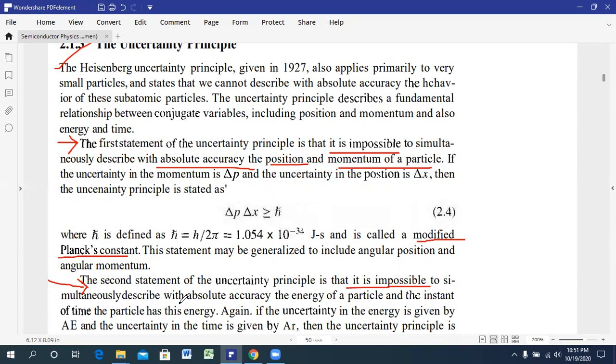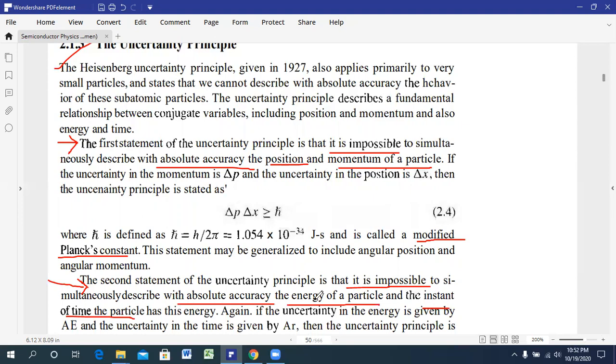The second statement of the Heisenberg uncertainty principle is that it is impossible to simultaneously describe the absolute accuracy of the energy of a particle and the instant of time at which the particle has this energy.